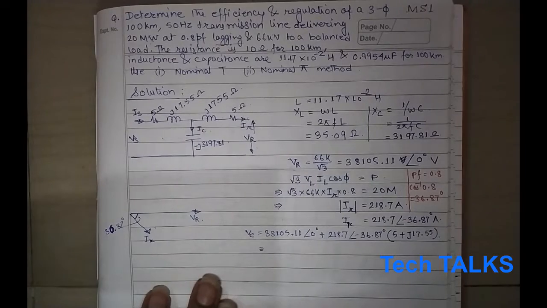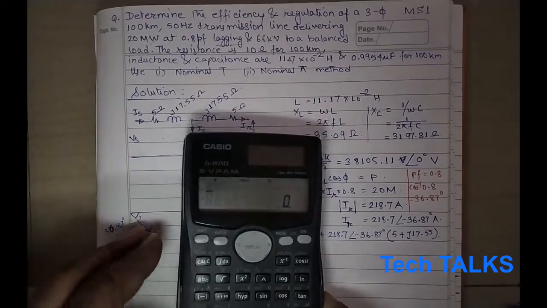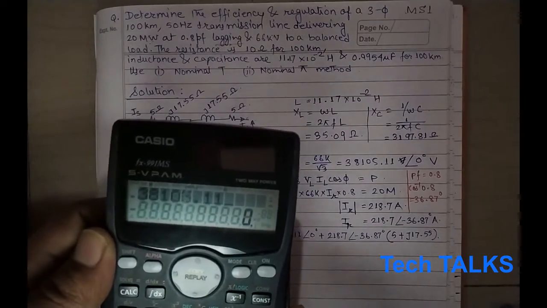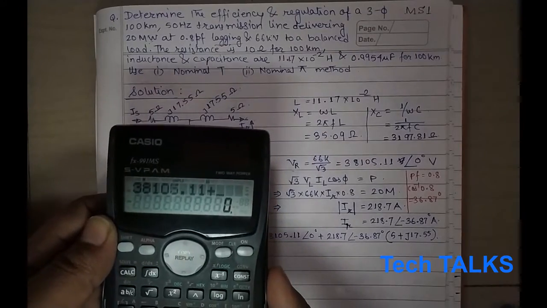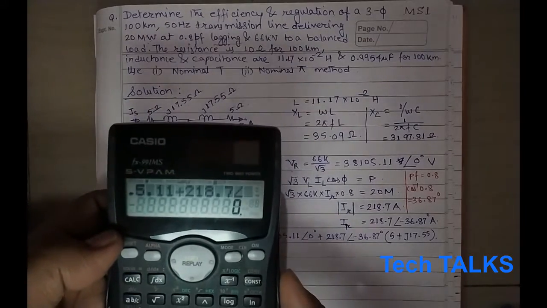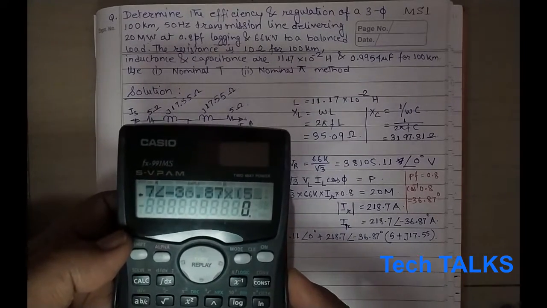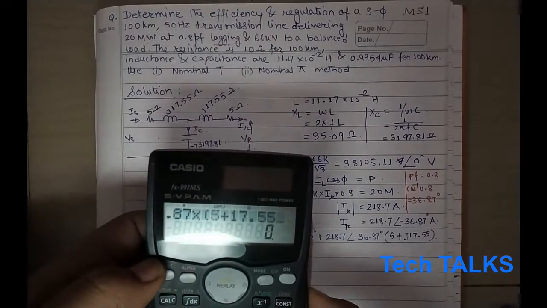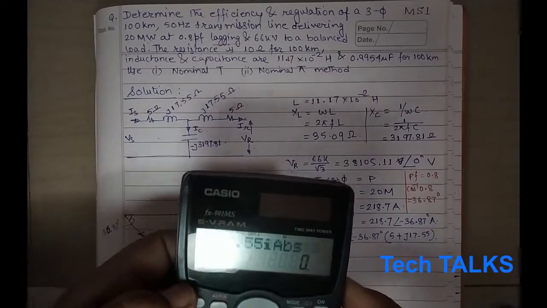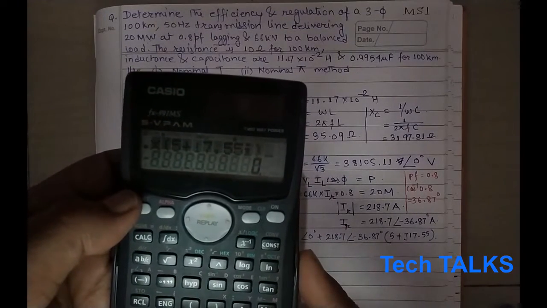Now we will see what this one comes to. This one comes to 38105.11 plus 218.7 at an angle of minus 36.87 into 5 plus J17.55, and we will convert this one to polar form.